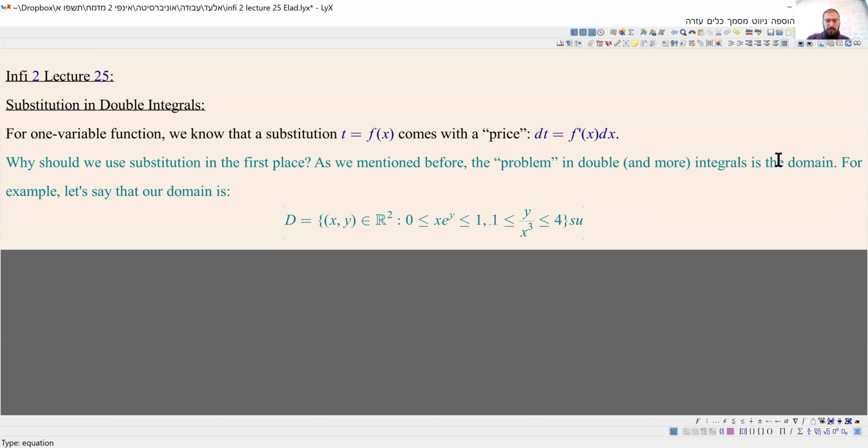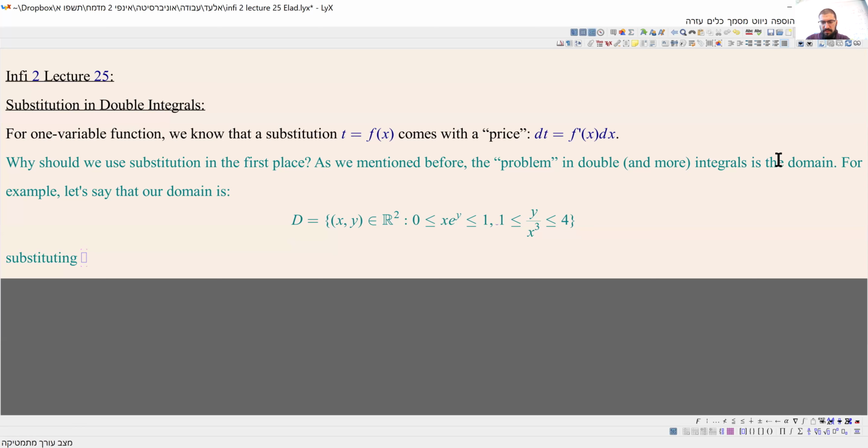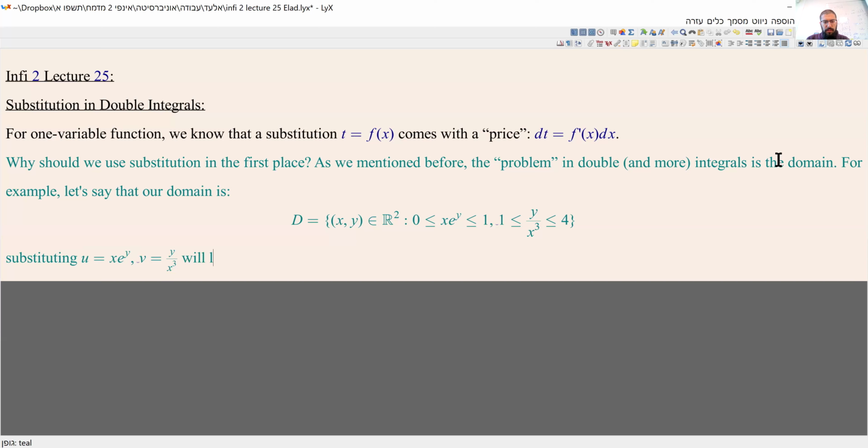But substituting, let's call them u and v, u for x e to the power of y and v for y over x cubed, leads to a rectangular domain.